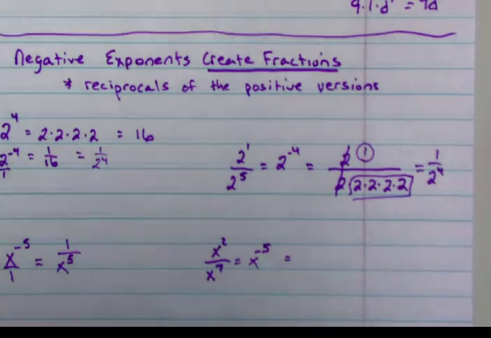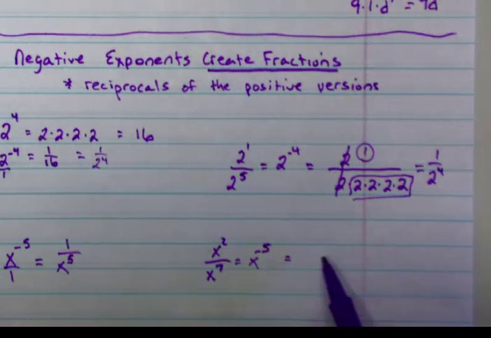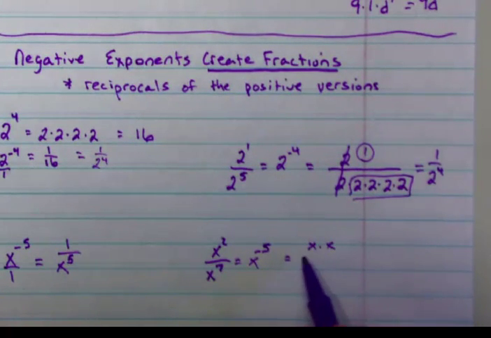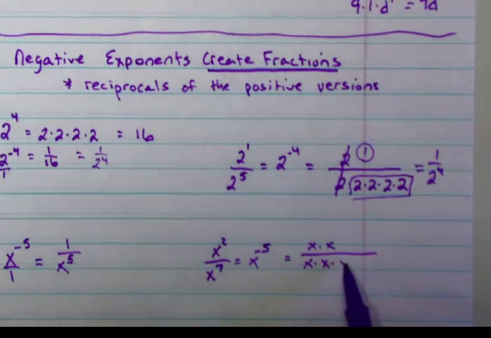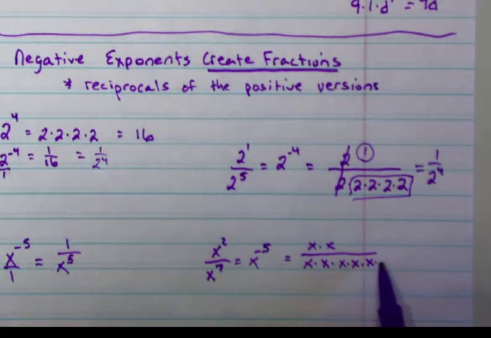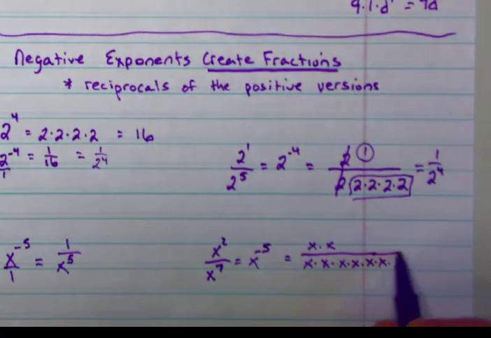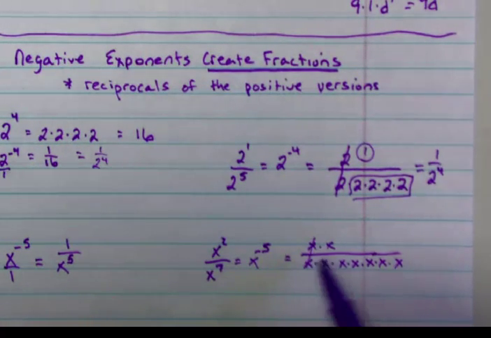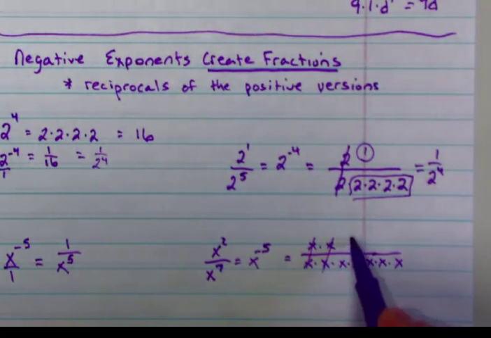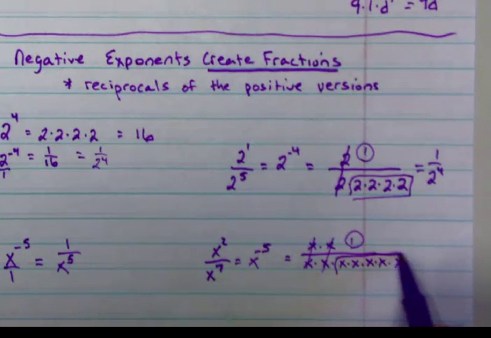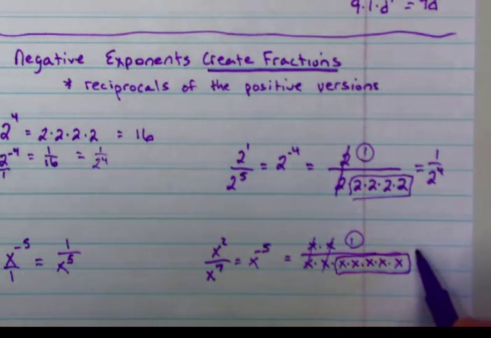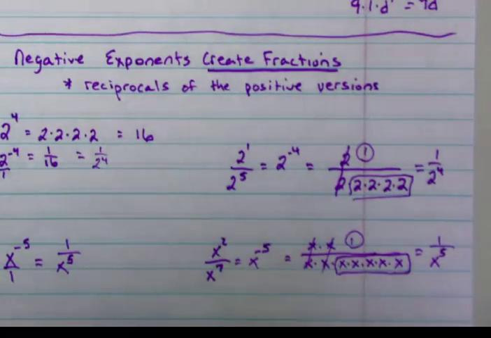Again, if I chose to do this in expanded form, x squared means x times x. X to the 7th means x times x times x times x times x times x times x. Divide out the pairs, and I'm left with 1 over x to the 5th power.